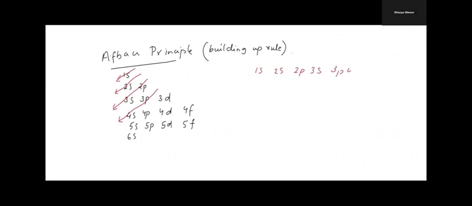Then again 3d, after 3d, 4p, 5s, and so on. So this is a shortcut way, or easier way, to know how the electrons are filled in different orbitals.